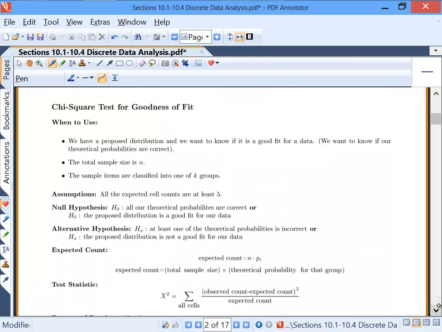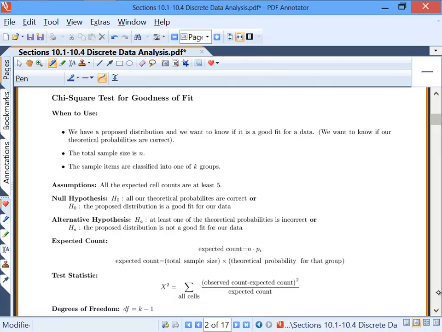So here's our information for the chi-square goodness of fit test. We will use it when we have a proposed distribution and we want to know if it's a good fit for the data, or we could also say we want to know if our theoretical probabilities are correct. We have a total sample size n, and our sample items are classified into one of k groups. In this case, we classified them into brand 1, brand 2, brand 3, brand 4.